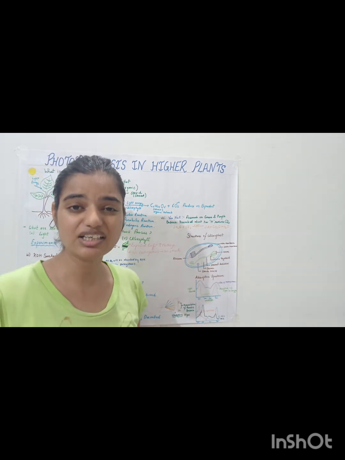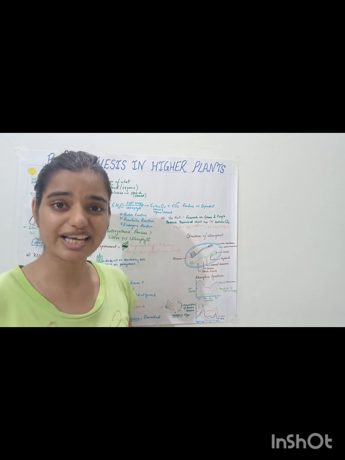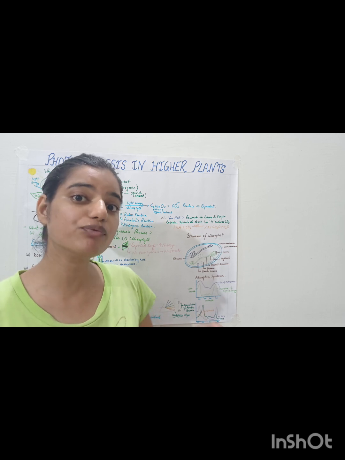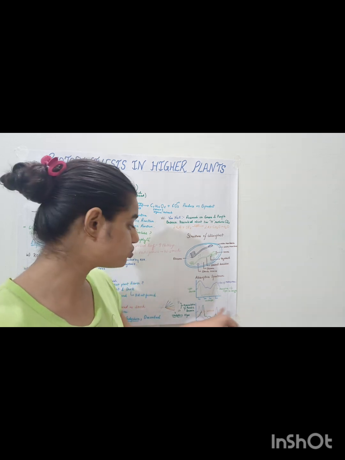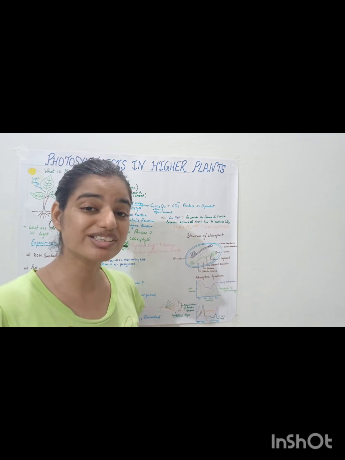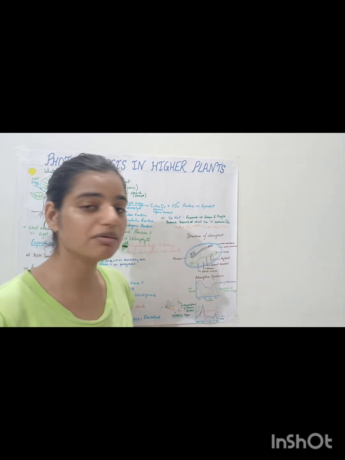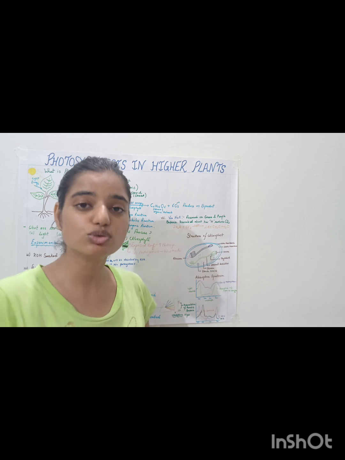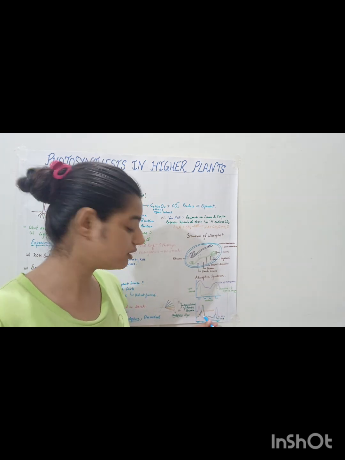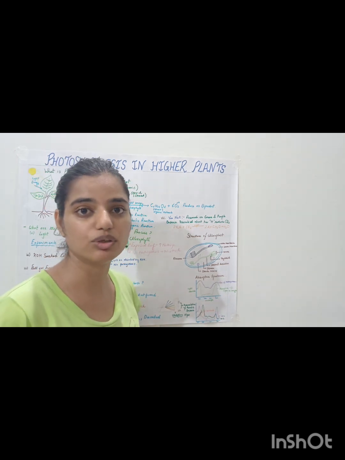Even when the light intensity is very high, accessory pigment molecules like the carotenoids help inhibit the process of photooxidation, so that our main pigment, chlorophyll a, is not oxidized, and the process of photosynthesis can continue. So the other pigments are absorbing light energy in the range of 400 to 700, and the main pigment is the chlorophyll a molecule. Thank you.